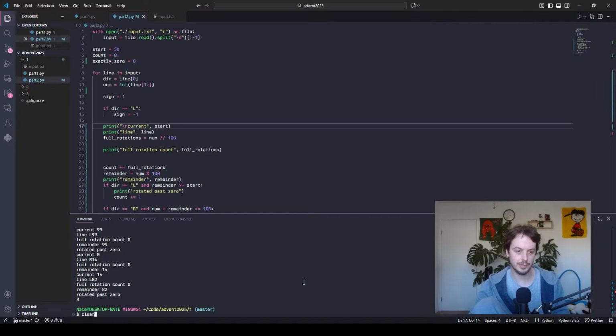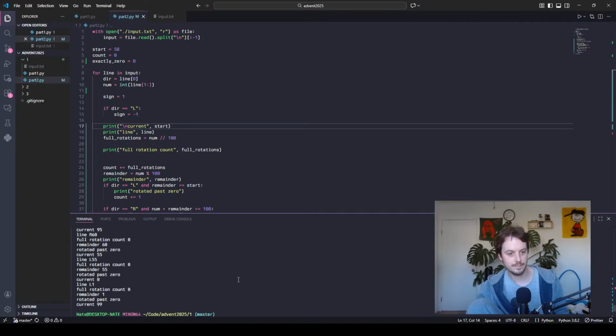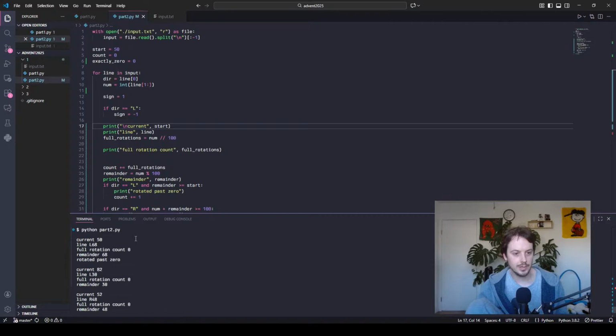Let's add a break in there. Okay. So we start at 50, rotate past 0, and at 82. Start at 80, go left, don't pass anything, and at 52.